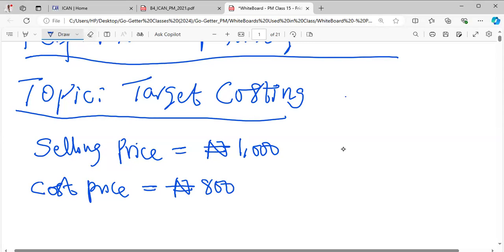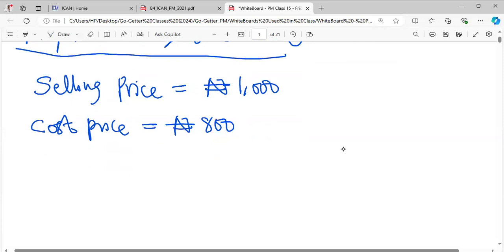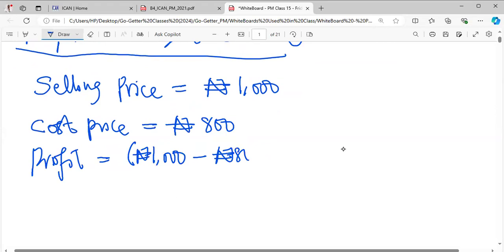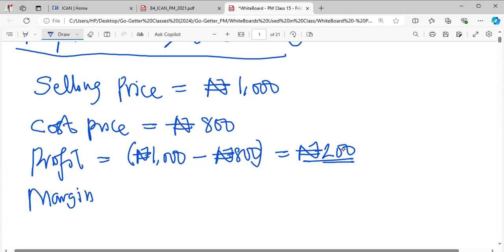So normally profit is usually 1,000 naira minus 800, which is 200, right? Now, this 200 naira, is it a margin? What is the profit margin? What is the markup?